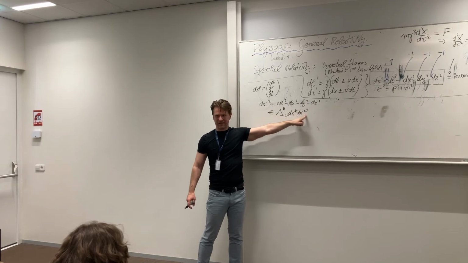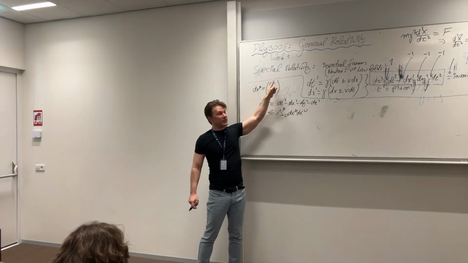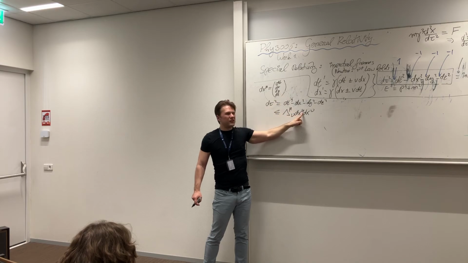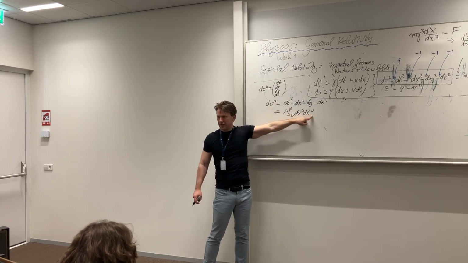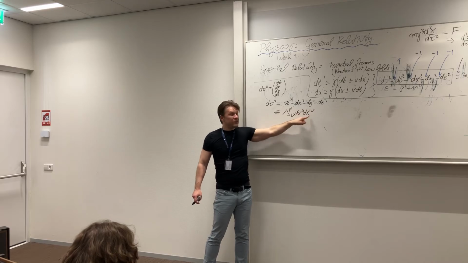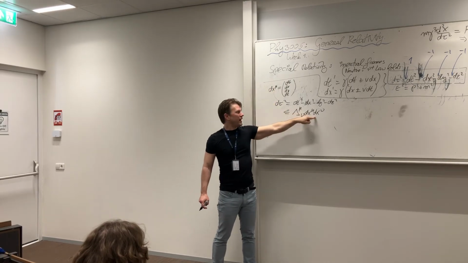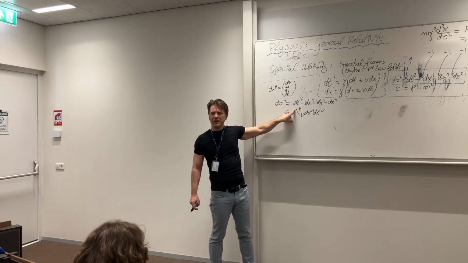I wrote it down again. It's the same object, still dt, dx, dy, dz. But since the symbol mu is already in use in my one formula, I use a different Greek index. It really is the same object. So I've written down this guy twice over here, and I squeeze something in between.